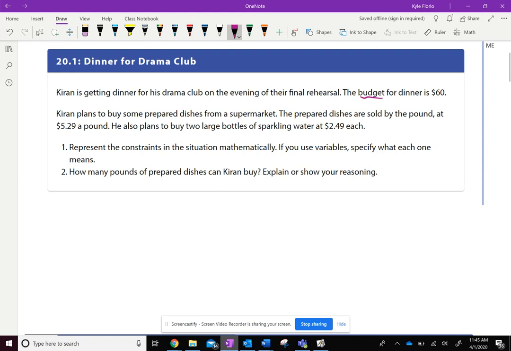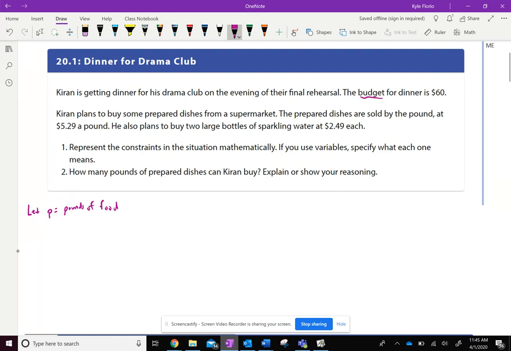We know that depending on how many pounds of food we have, it's going to cost $5.29 each. So I'm going to let P equal pounds of prepared dishes.